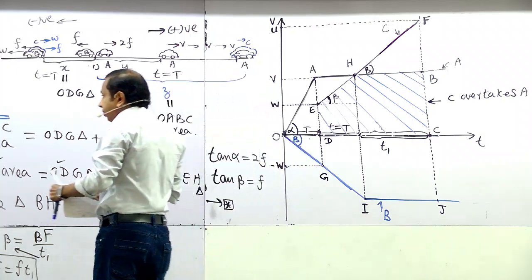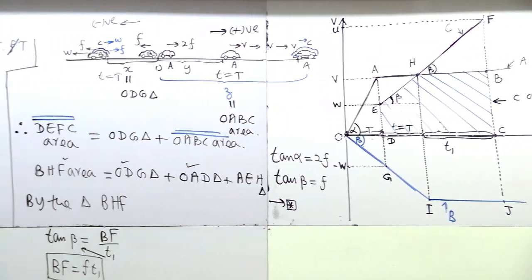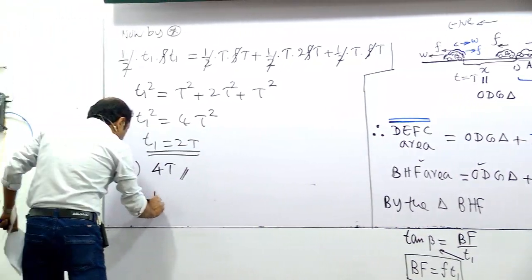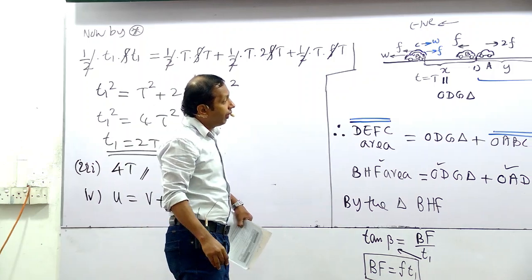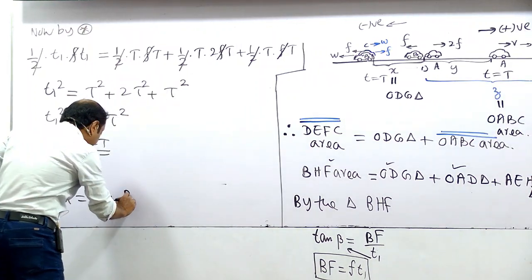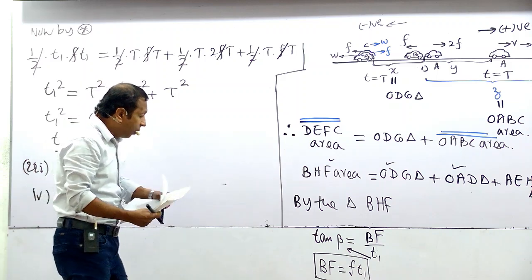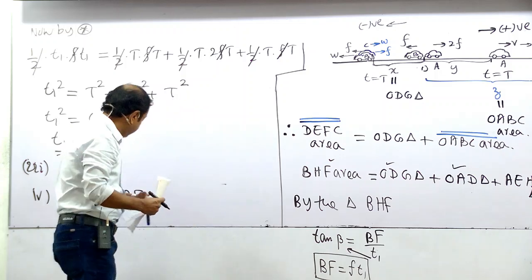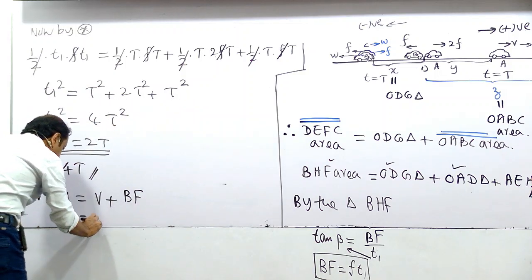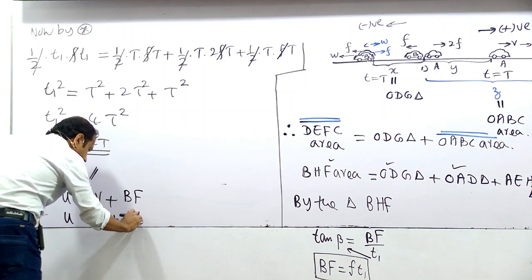Fourth one we can write. U equals V plus BF. But you know, people, BF is ft1 here. Put that.